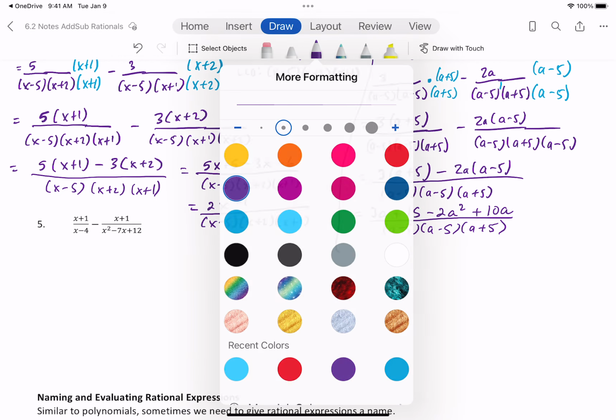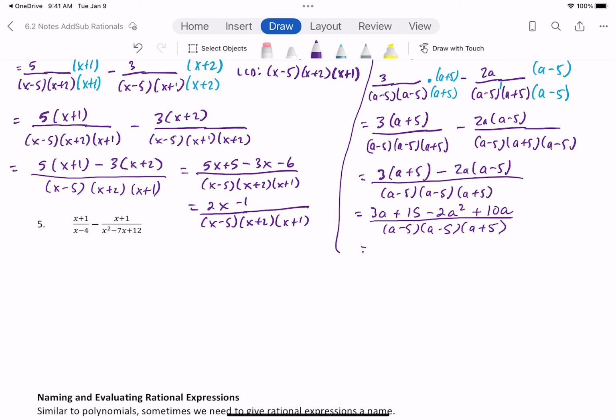Alright, so let's clean this up a little bit. Our squared term needs to be out front. So let's do negative 2a squared. Then I have a positive 3a and a positive 10a. So that's going to give me 13a. And then plus 15 over a minus 5, a minus 5, a plus 5.